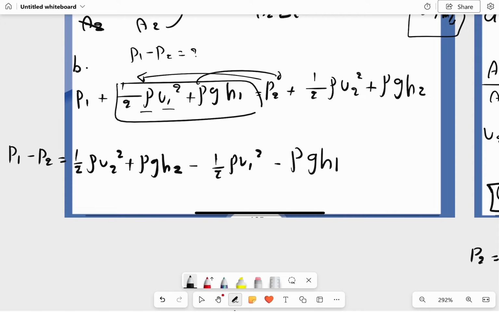Now, as you can see here, I have density as the common factor, so I can take density as the common thing between them.